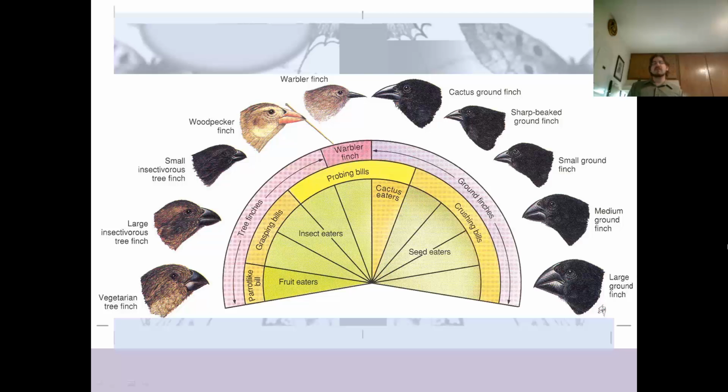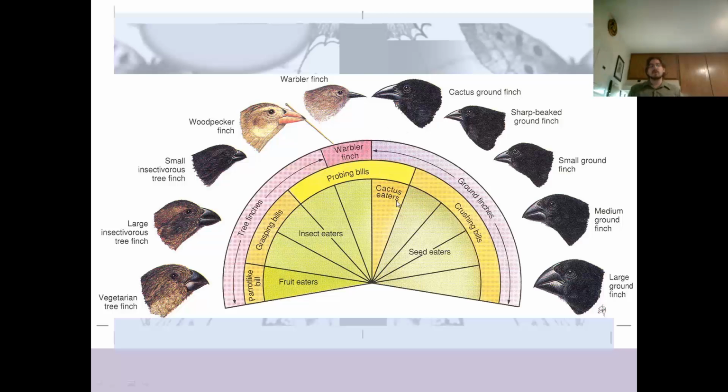So we can see when the mainland finch arrived, it occupied different niches based on food source, fruit, insects, cactus, seeds, and based on the specific kind of food that it took. So here we have the grasping bill for large insectivorous and small insectivorous, and then the probing bills for the warbler and woodpecker for getting under tree bark and grabbing insects.